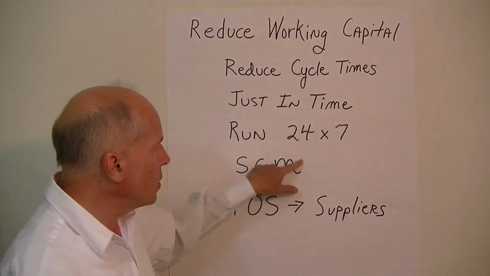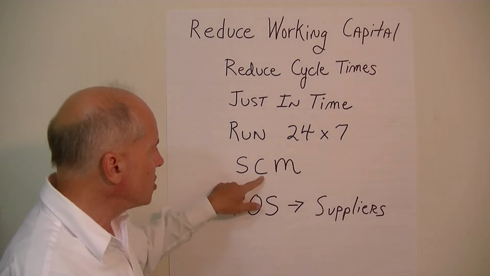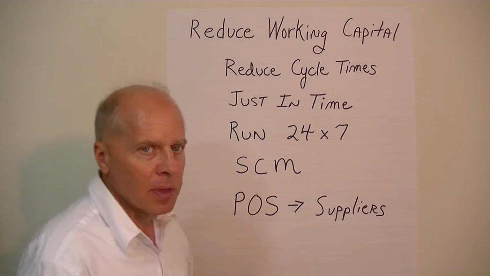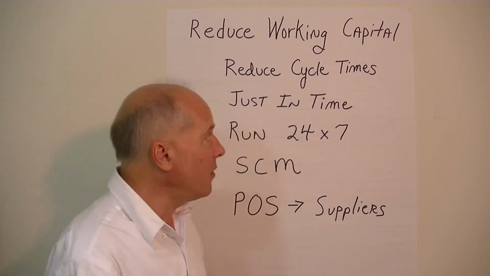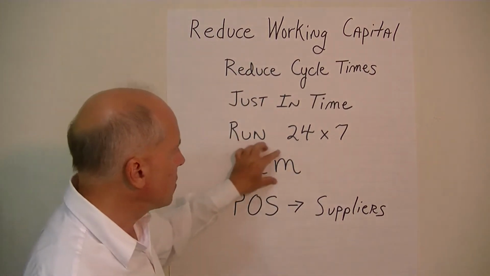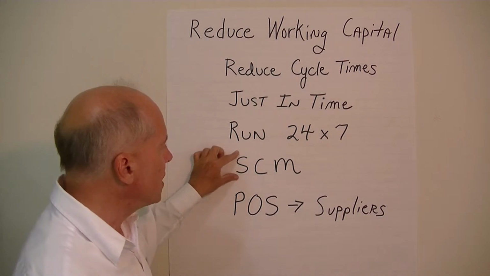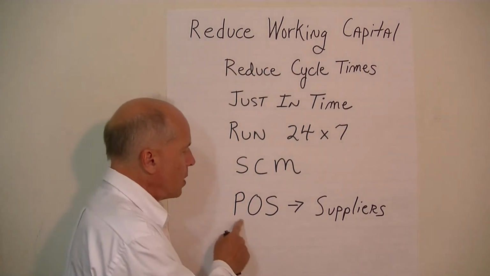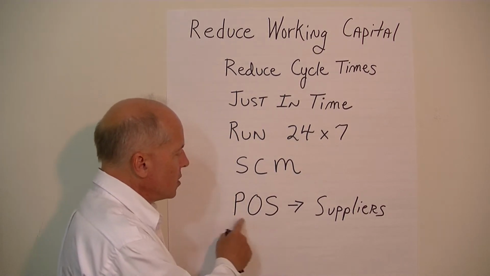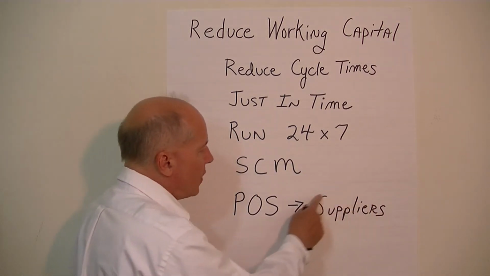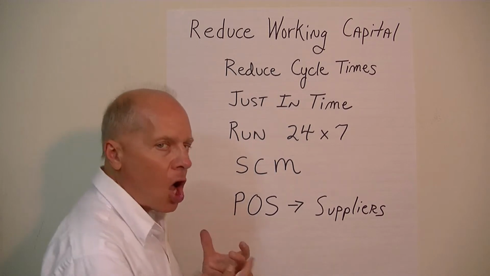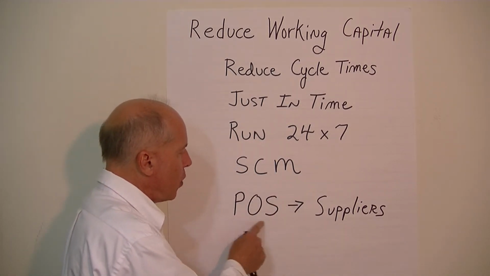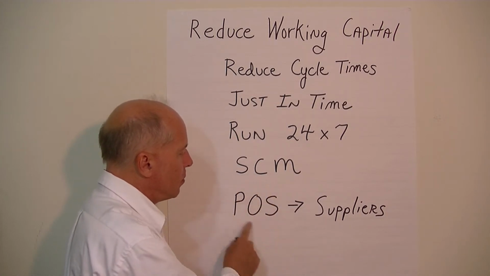And obviously we did talk about supply chain management, SCM, earlier. So we would definitely want to have some type of supply chain management system in place to reduce working capital, because that will give us a point of sale system so that every supplier and vendor, everybody who is involved in that supply chain, knows when that point of sale takes place at the retail business.